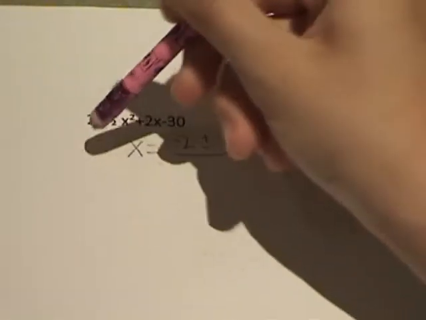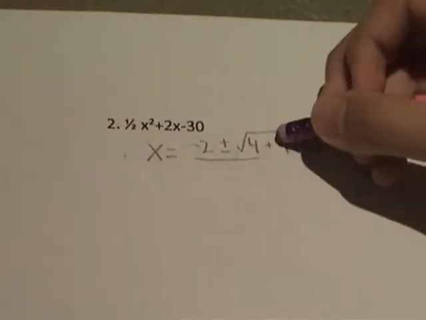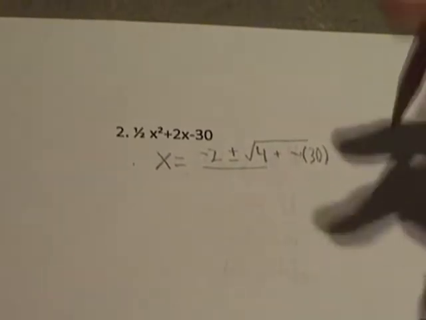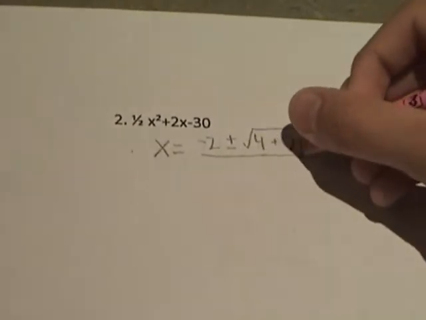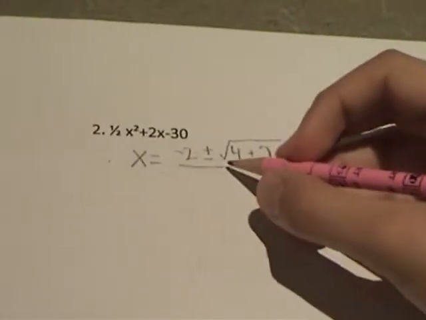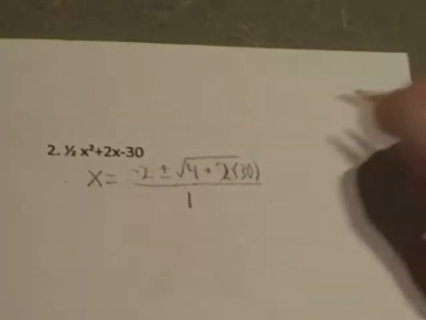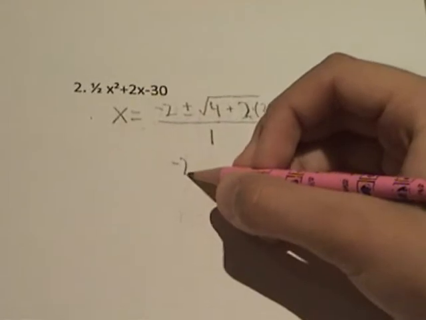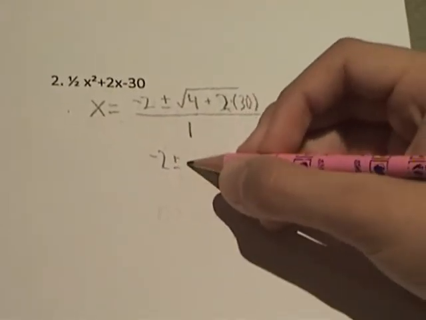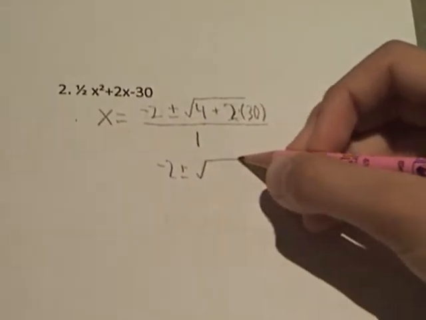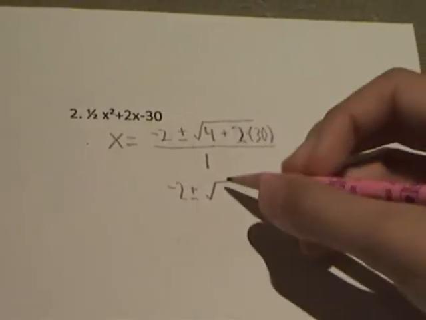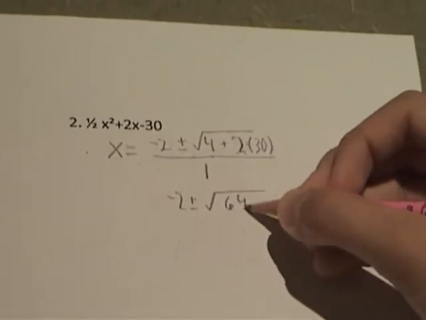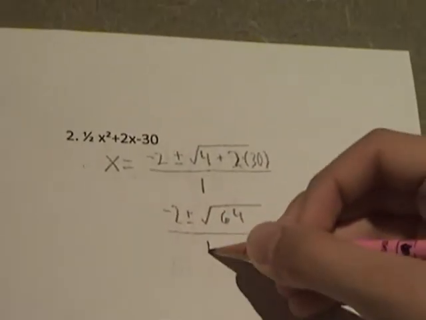Also, since there's a 1/2 and it's 4ac, it will be 2 times 30 over 1. Then negative 2 plus or minus the square root of 30 times 2 is 60, plus 4 is 64, all over 1.